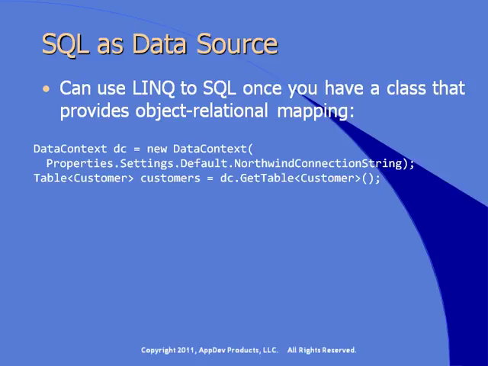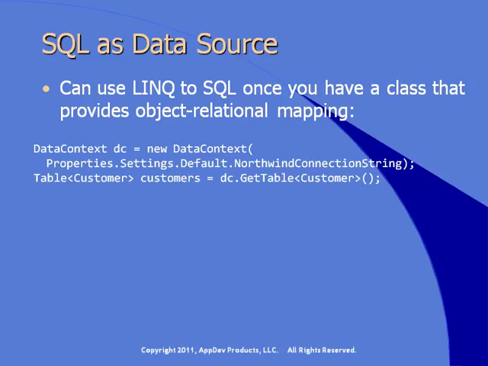I'll take that data context object and call its getTable method, passing in, it's a generic method, passing in a type, which is the customer type, which indicates what kind of table it should retrieve, a table of customer objects. It returns back a table of customer objects, which I'll name customers.